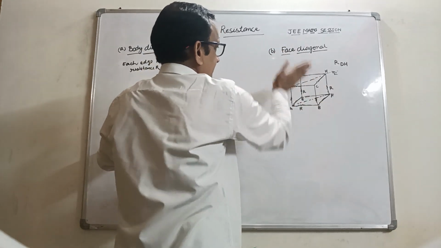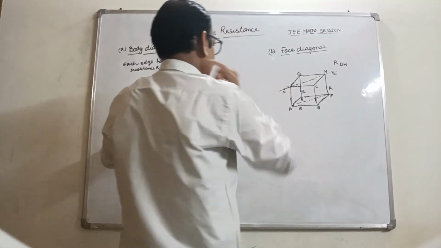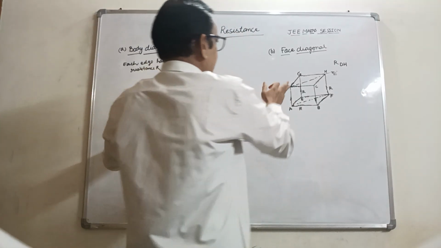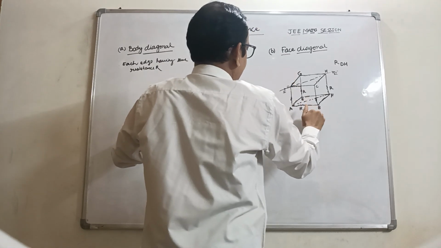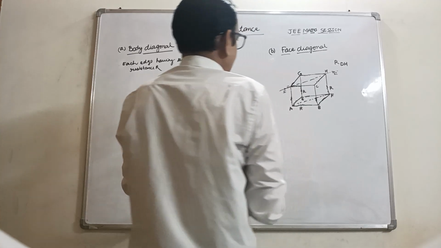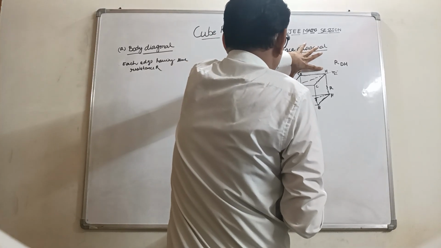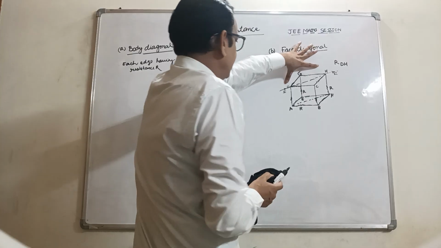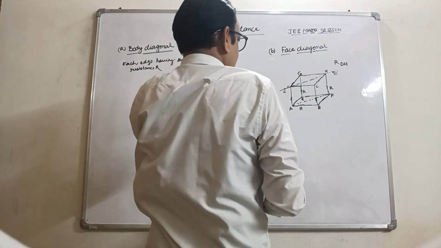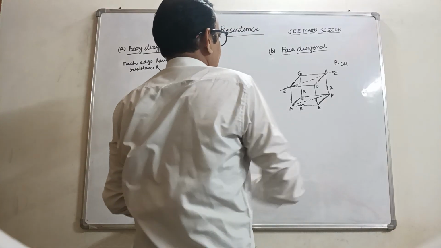So we have cut this section. On cutting this we find the potential here and potential here. This is the point we have to find the equivalent resistance along this face. Suppose current I is flowing in and current I is emerging here.